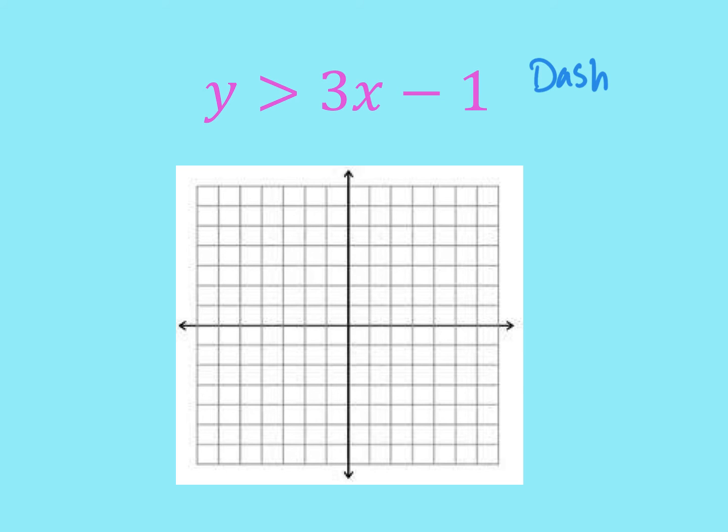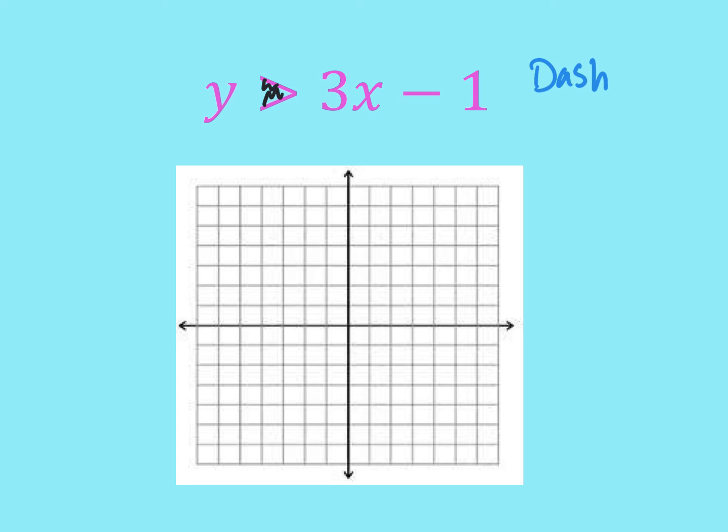All right, now, the next thing I do like to do is decide whether I'm going to shade above or below. Well, as I look at this inequality, would it eat the y or would it eat the 3x minus 1? If that mouth were to close and chew down on something, is it going to chew on the y or is it going to chew on the 3x minus 1?